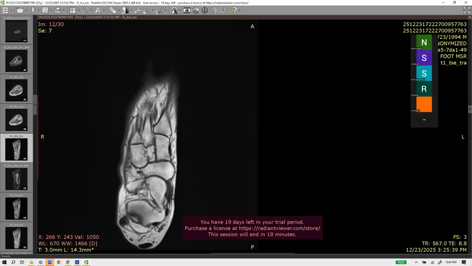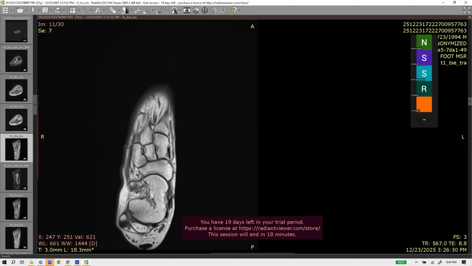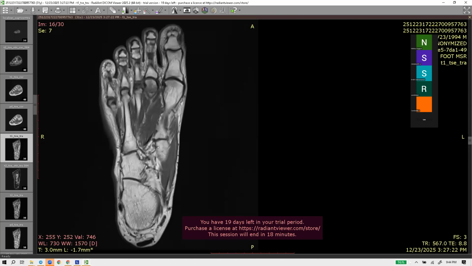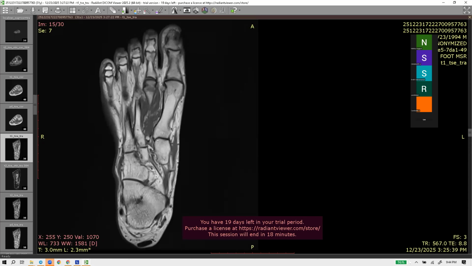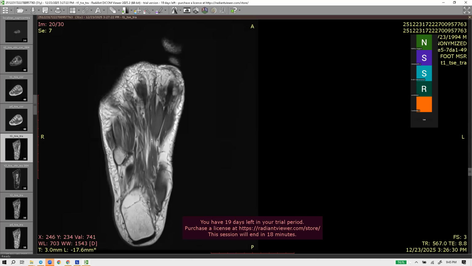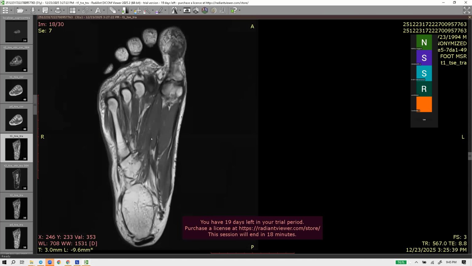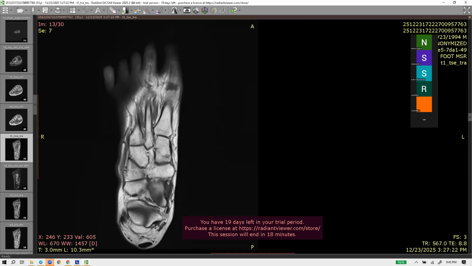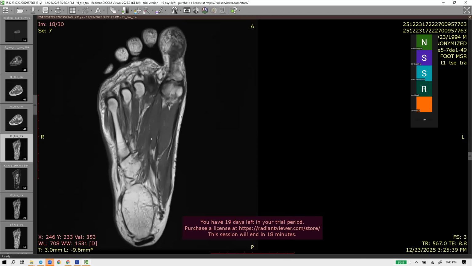I am checking for the presence of any step. There is no step in the region of the second tarso-metatarsal joint. I'm checking now the interphalangeal and metatarsophalangeal joints. I cannot find any obvious abnormalities.